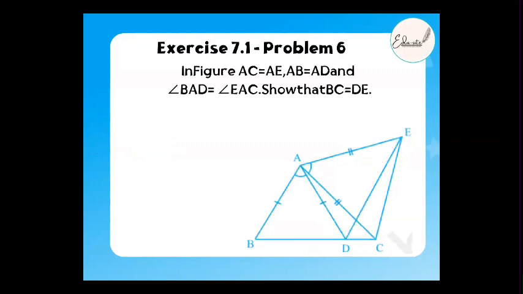अब चलो ये दो ट्राइंगल्स में हमारे पास क्या है? What do you have in these two triangles? Where are these two triangles? ADE and ABC. अब ये दो ट्राइंगल्स में हमारे पास क्या है बेटा? What do we have in these two triangles? Angle A is common.